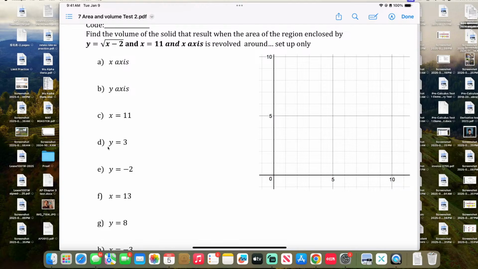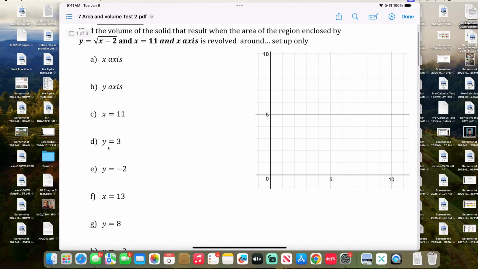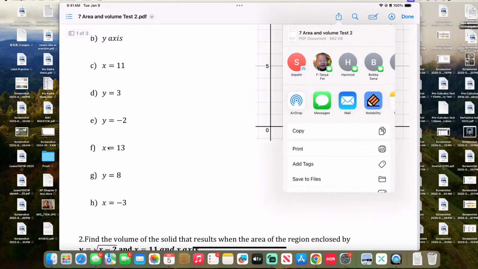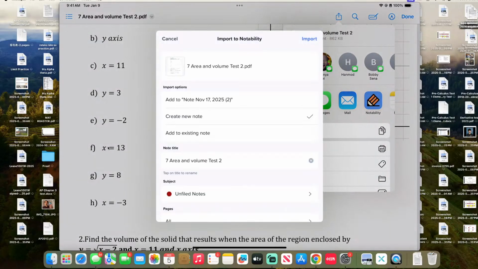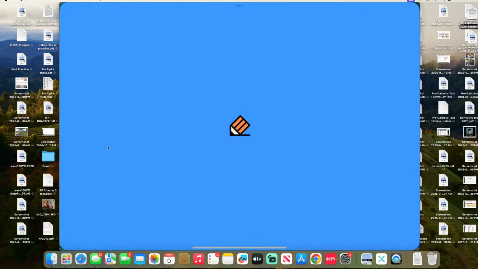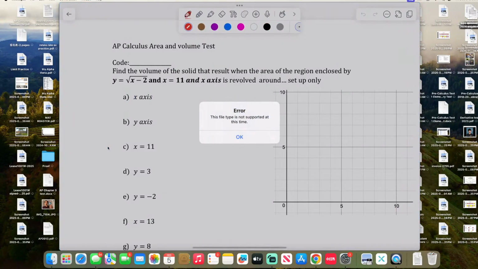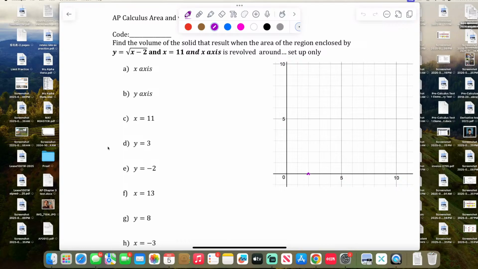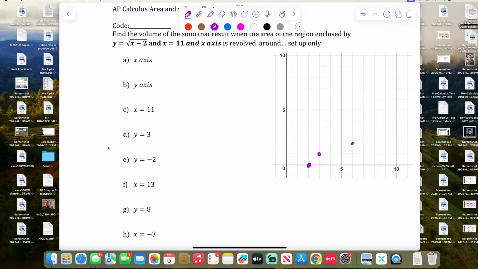Okay, first of all, I'm going to draw this graph as x minus 2. Hold on, let me import it in Notability. Okay, if I import this, I'm going to start with x minus 2, so it's this part here, and here, and here.